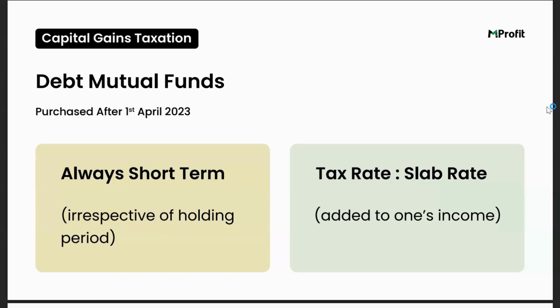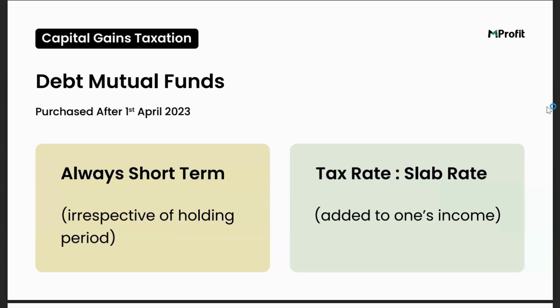Anytime you sell this mutual fund, irrespective of the holding period, it will always be classified as short term, and the tax rate applicable will be that of your slab rate. Your short term capital gain will be added to your total income and taxed as per the tax slab applicable to your total income.